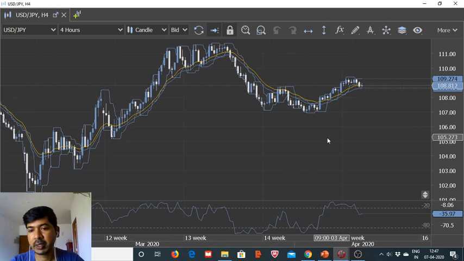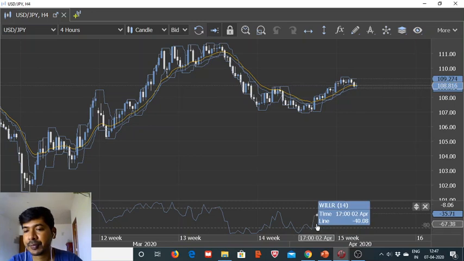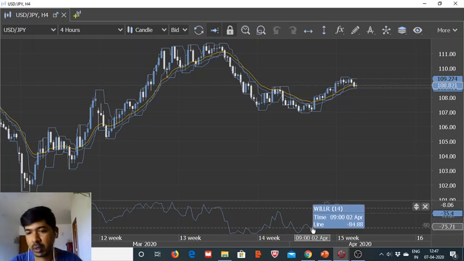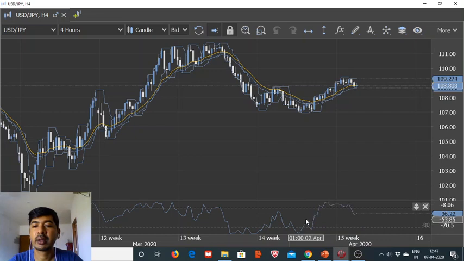Now if the buy trade is going to happen, we want the current value to be greater than the prior value. That is one thing, and we also want the value a day back, that is 6 candle periods back, to be less than minus 70. So we are using the 70 and 30 combination.